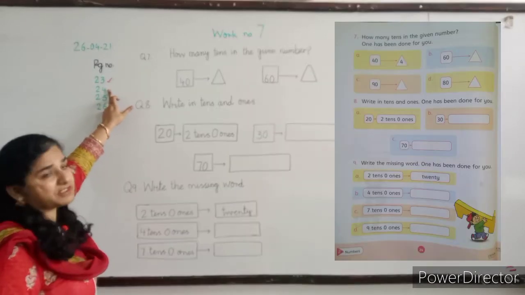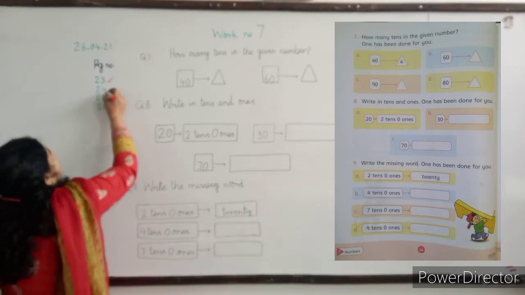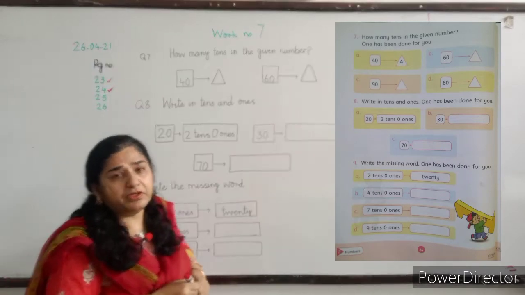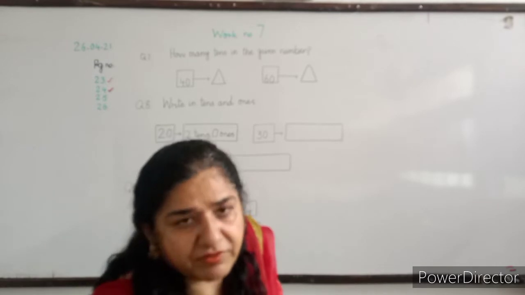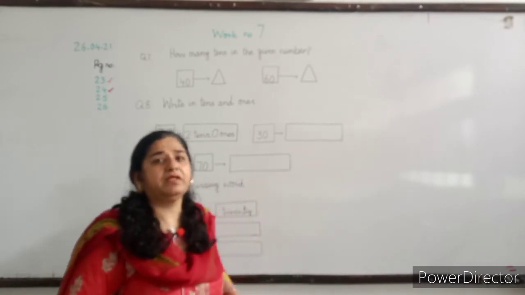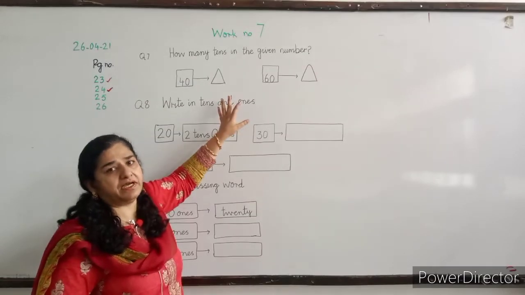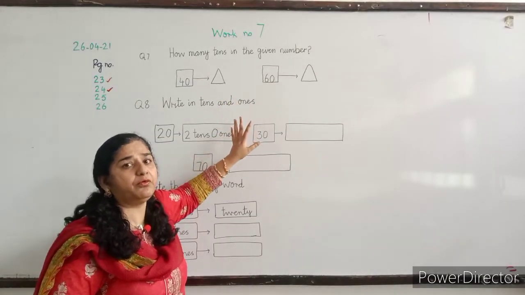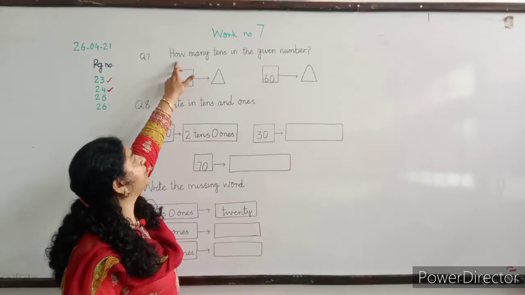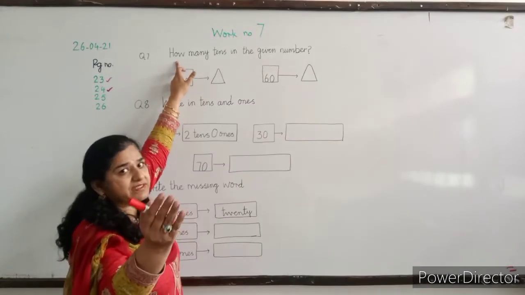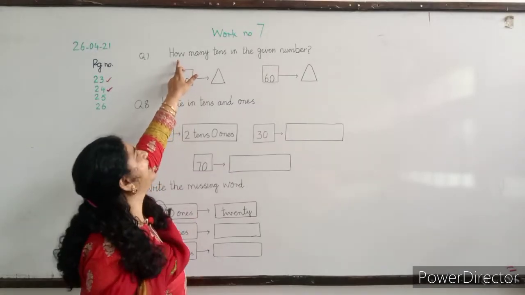Alright. Now we have done page number 23. We are coming to page number 24. Again children, you have to read the question very carefully with me. Okay? Because through the question you can understand what work you have to do. Now, read it. Yes? Good.